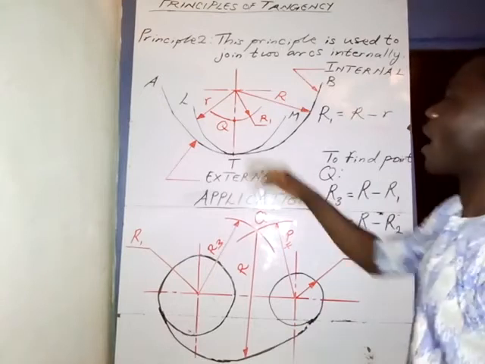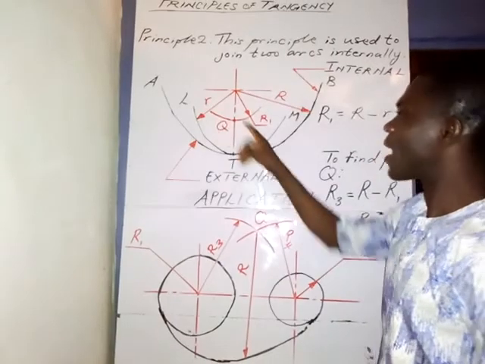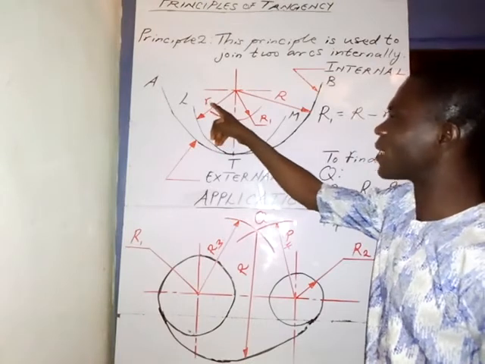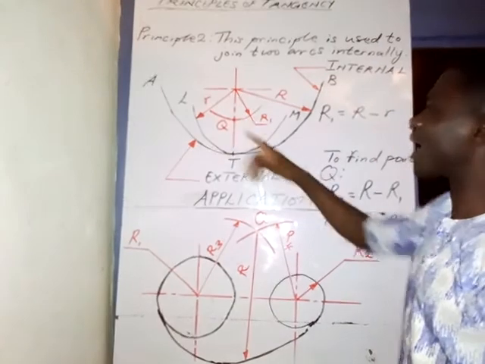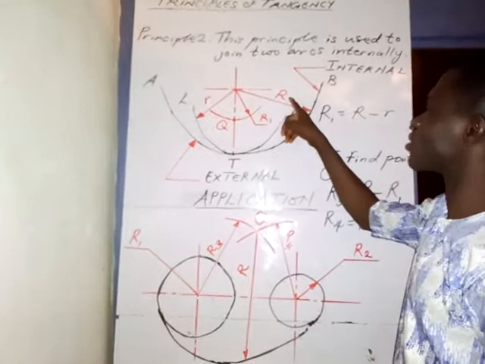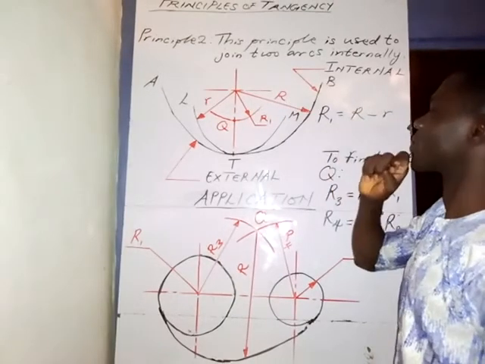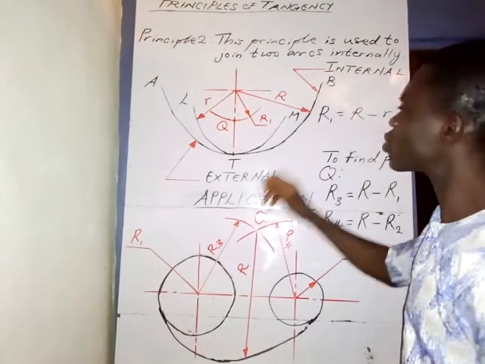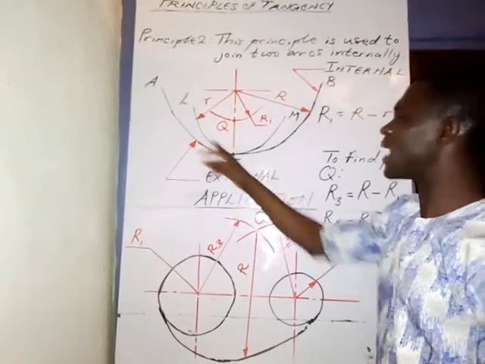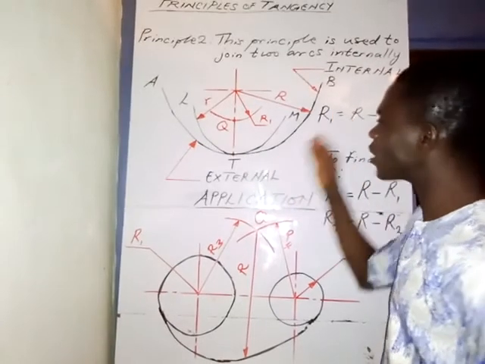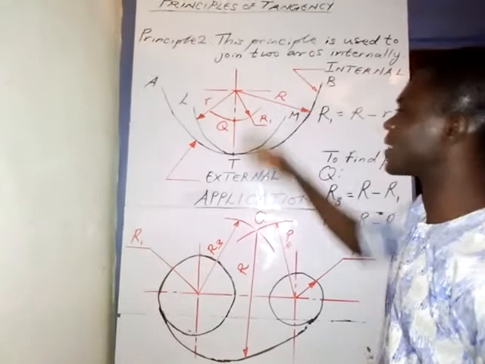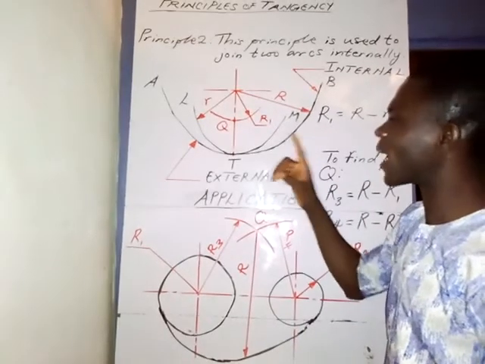Arc LM has radius r, small letter r, and arc AB has radius capital letter R. Now, for us to be able to draw this arc LM so that it will touch this arc AB internally, we need to locate a point.